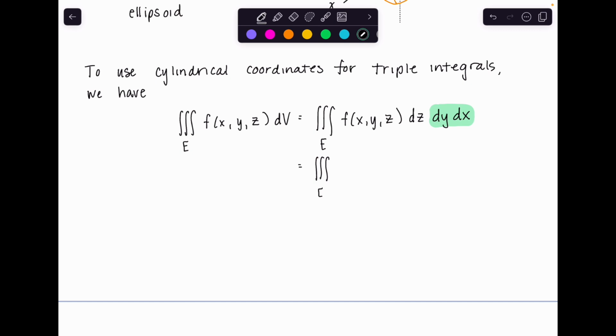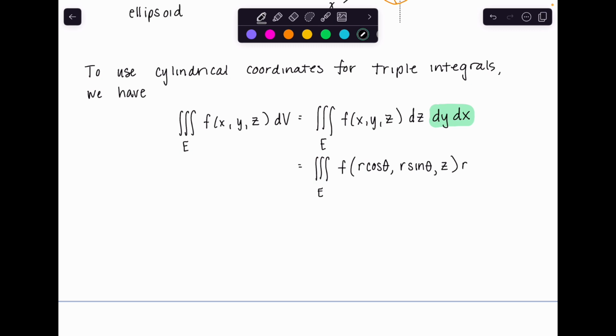So the solid will still give you some kind of bounds. Depending on what's in the inside, all of the x's you replace by r cosine theta. All of the y's you replace by r sine theta. Z you leave alone. But now remember what happens with polar is the dy dx switches over to r dr d theta.